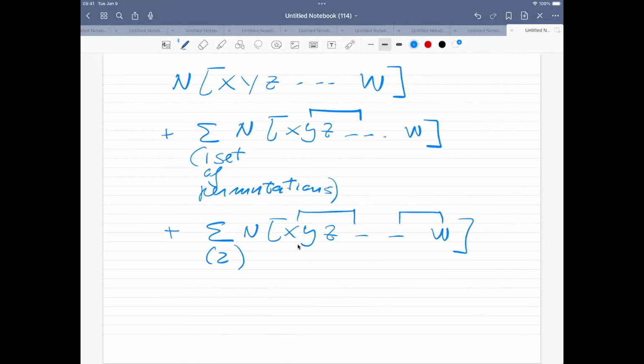And this would continue plus till we have all the n-half sets of, so n is the number of operators. Maybe we put an m here, m-half. M is the number of operators.